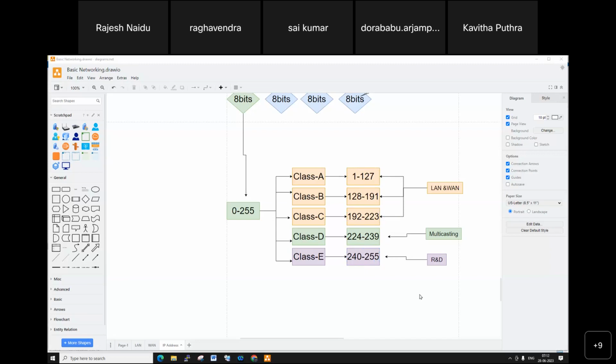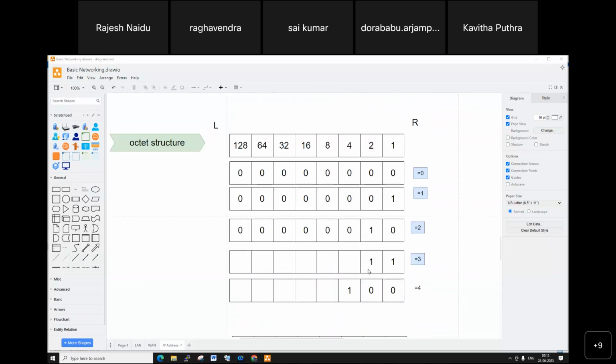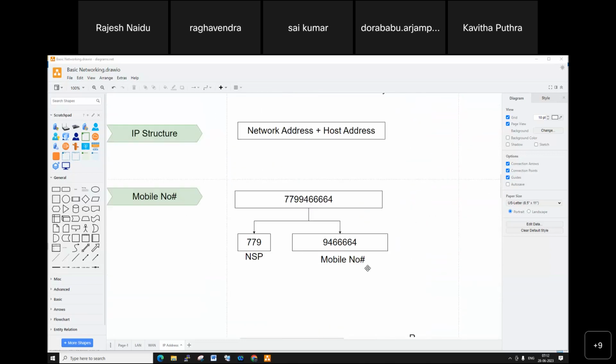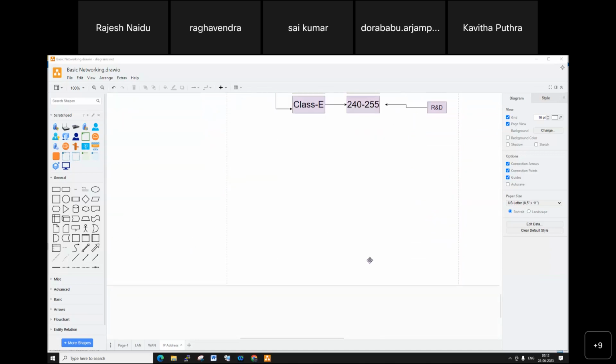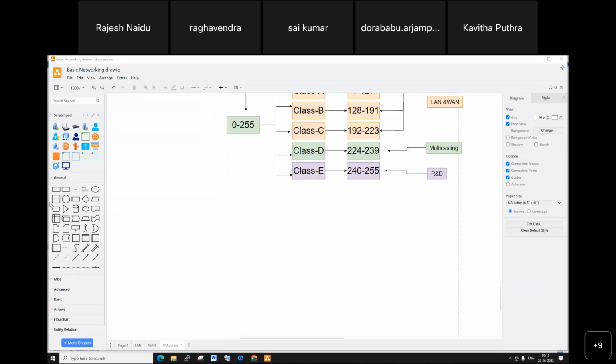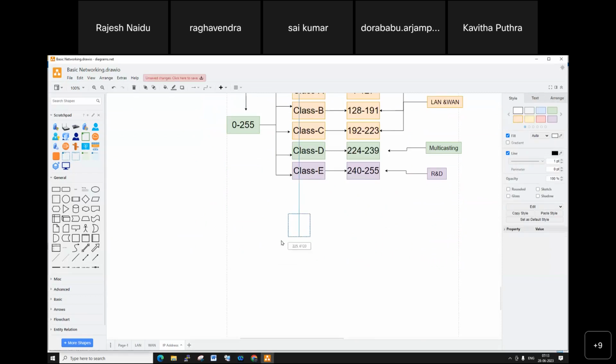So what is the next concept? In class A, as per the IP version 4 structure, we need to understand how the IP address will be created. To understand this, I need to take the structure of an IP address. In the structure of an IP address, how many octets are available? 4 octets, right?